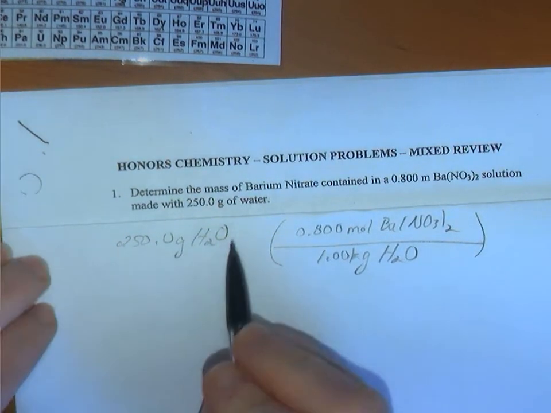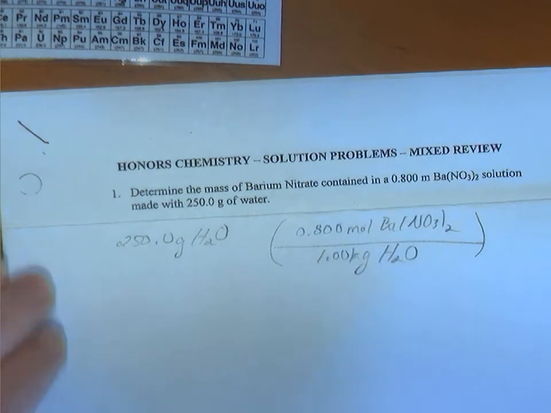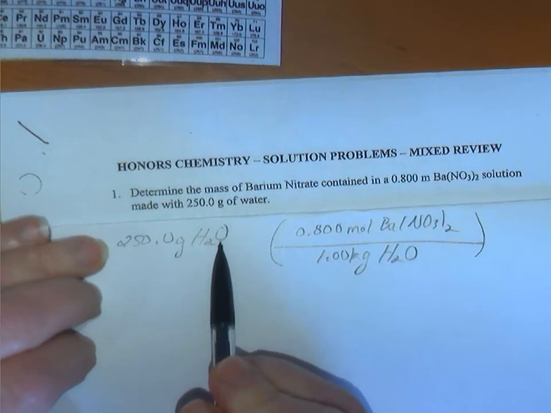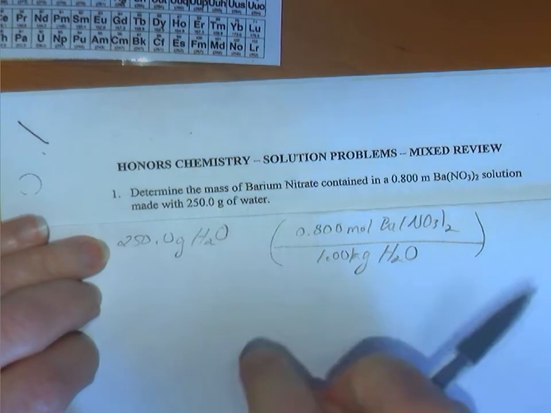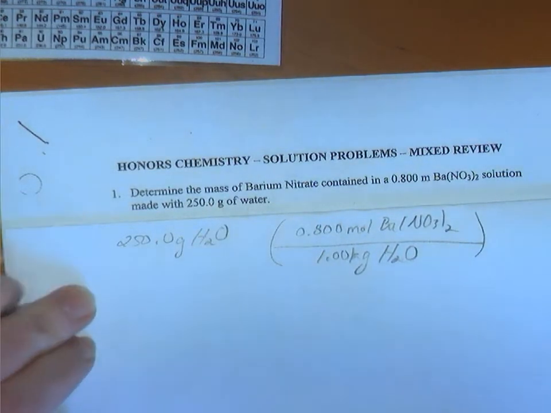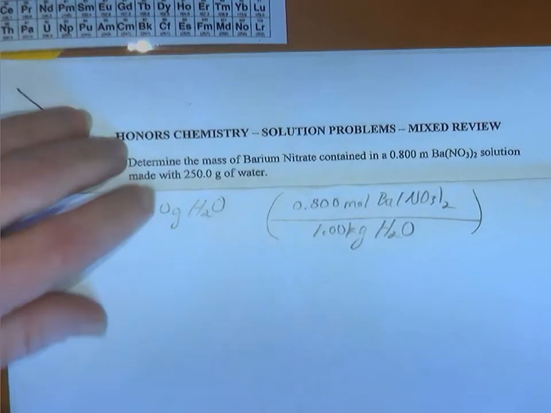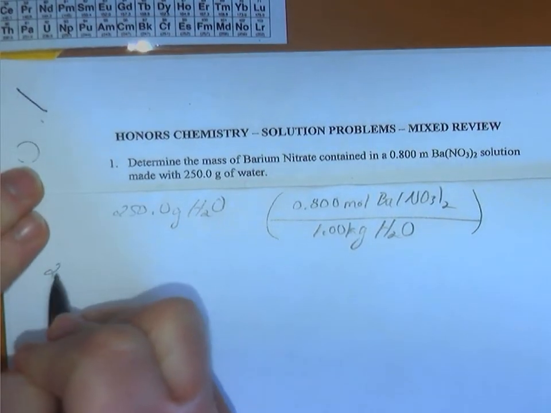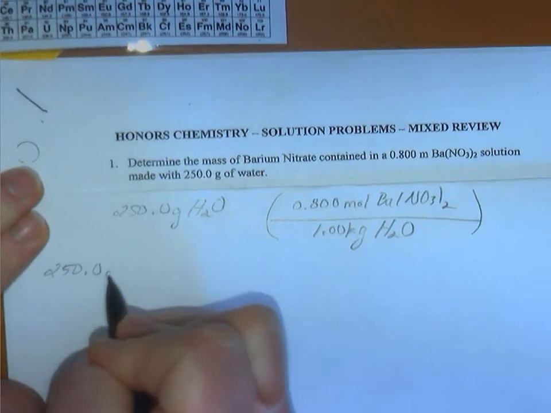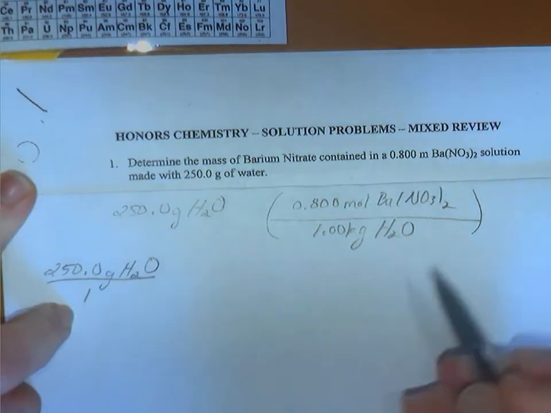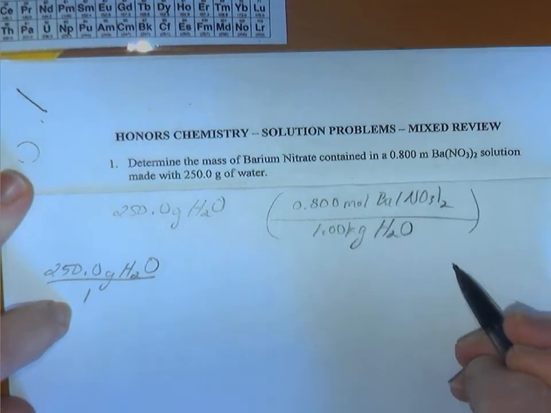I have two givens. I would favor starting with the simpler given, and always keep in mind what you're trying to find as your final answer. If you make a misstep, you just start again. All right, so I'm going to start my problem with the 250 grams of water. I'm starting in perspective of my solvent, and I want to end with mass of solute.